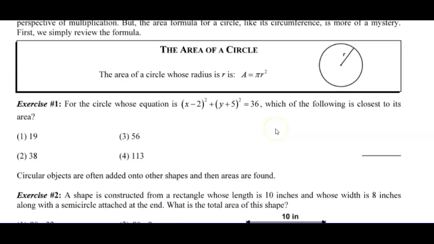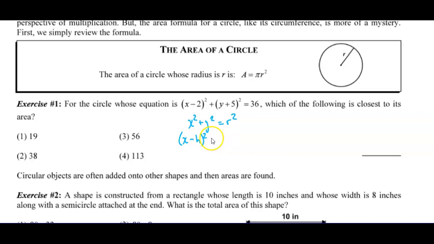So in exercise 1, what we're doing now, we're looking at an equation of a circle, and we mentioned equations of a circle before and said that when it's centered at the origin, it's x squared plus y squared equals radius squared. When it's not centered at the origin, the x coordinate could get shifted horizontally.